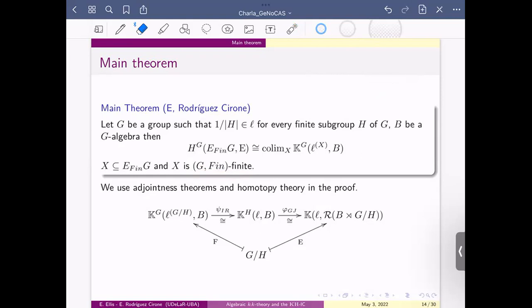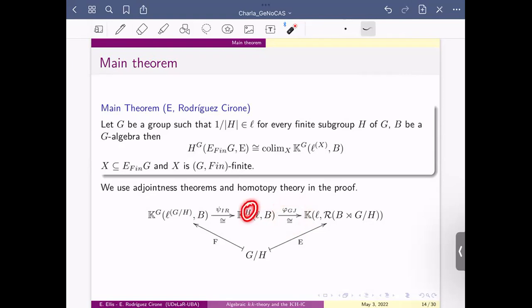Well, we are going to use the adjointness theorem that I mentioned, the induction and restriction isomorphism, and the Grignol isomorphism, which is here.